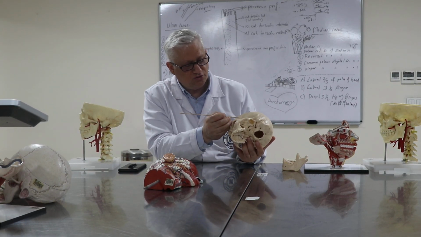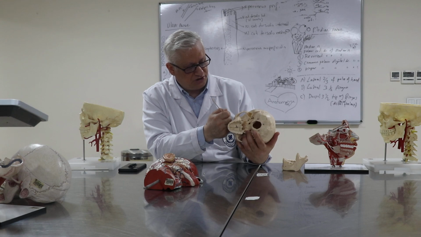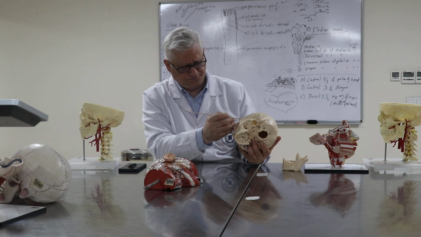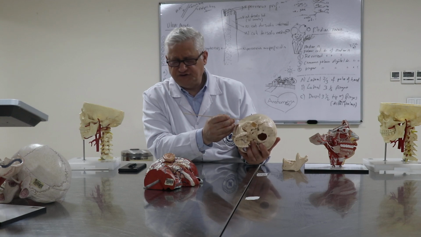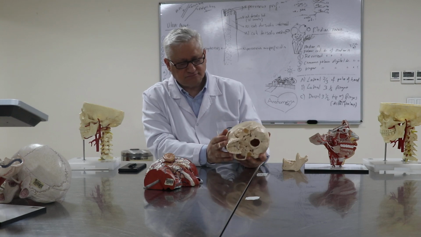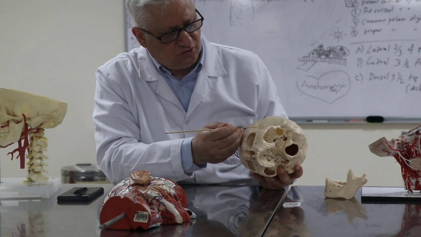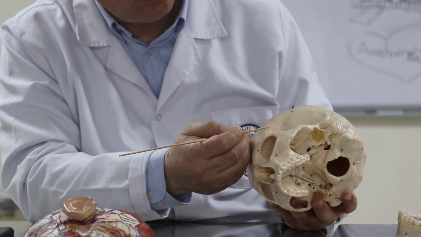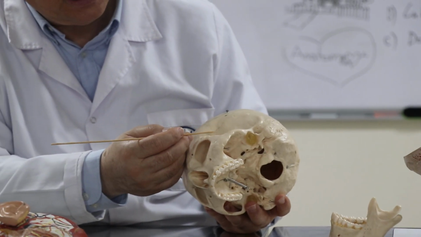In the bony component, one of the clinically important areas is the pterion, where the sutures unite. There's a connection between these bones. Which bones do we have? The frontal, parietal, temporal, and sphenoid.